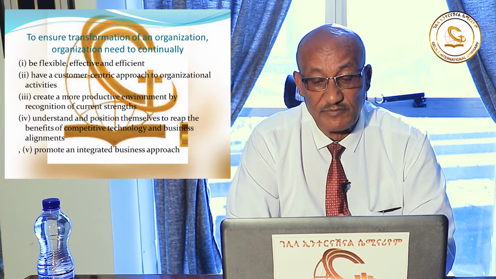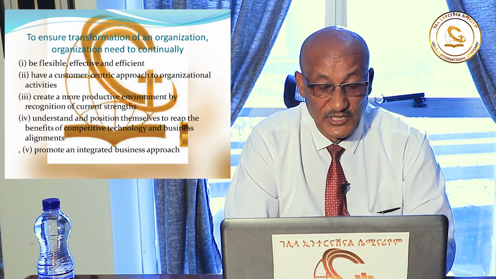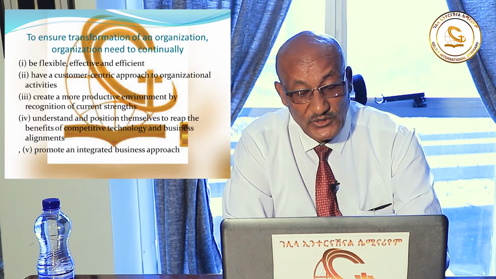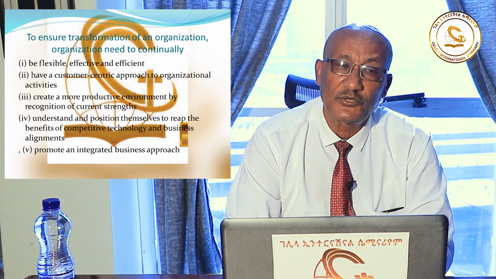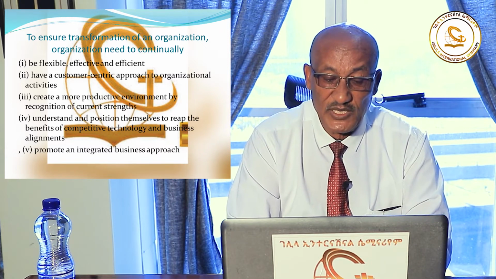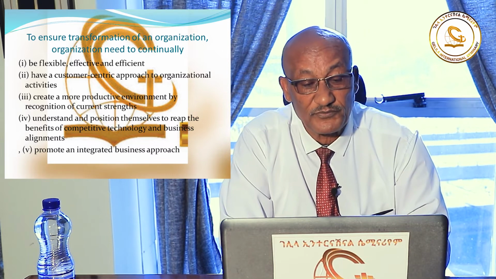So organizations must be ready in order to reap the benefit of that transformation. The fourth point is promote an integrated business approach, not individual approach. It has to be a kind of integrated business approach.